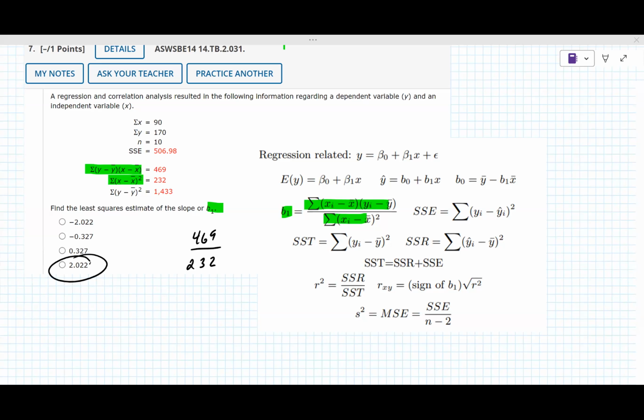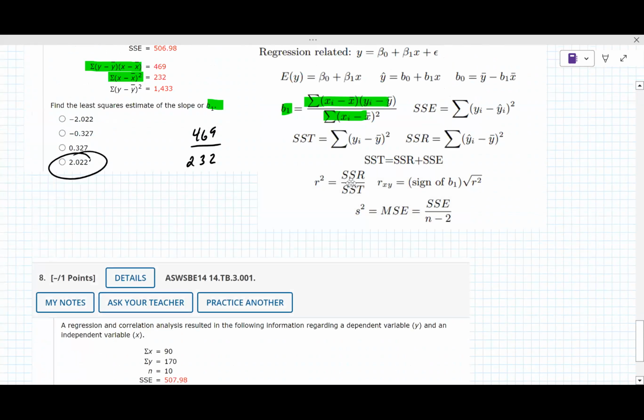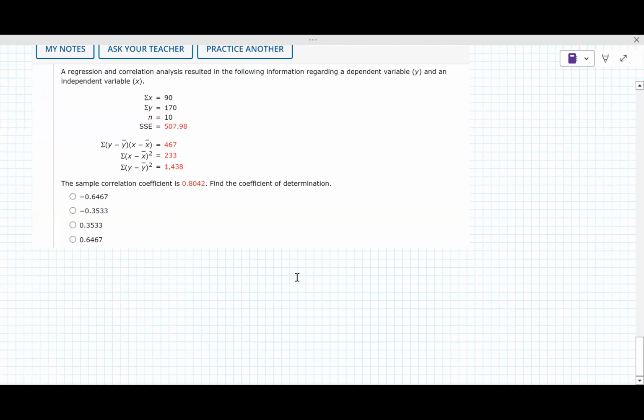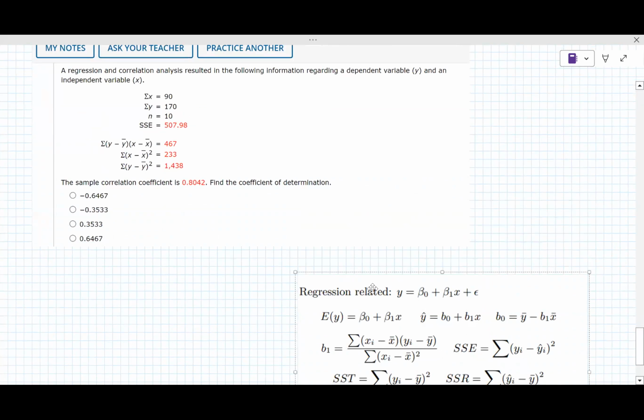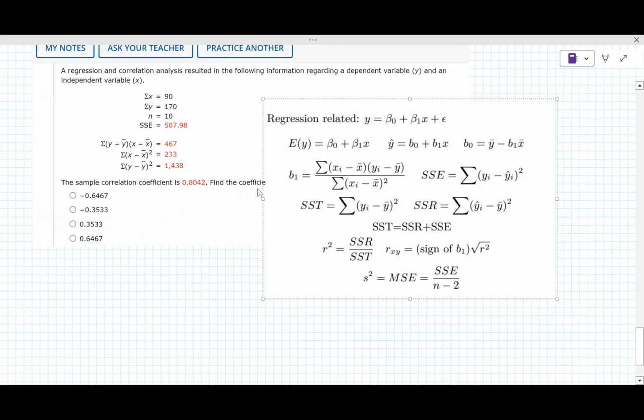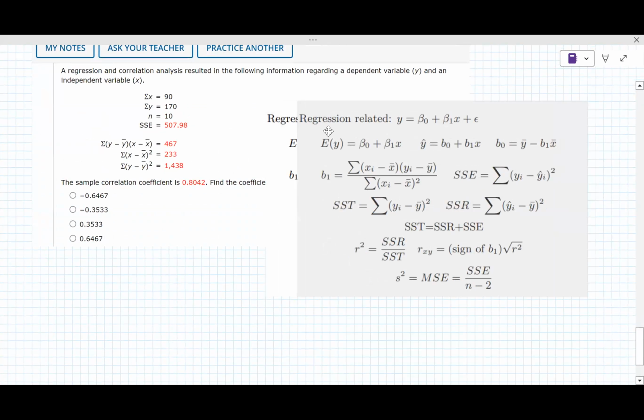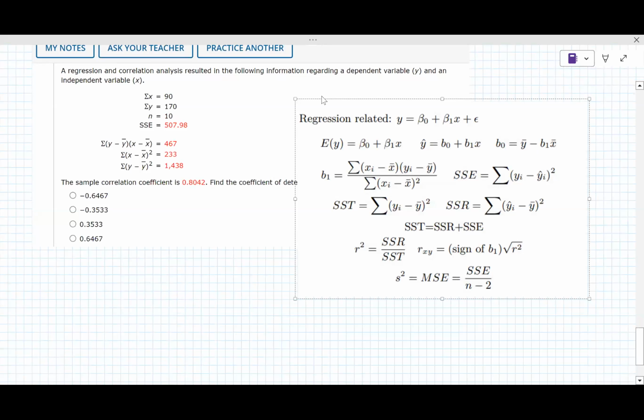Any follow-up to that? Because 8 is kind of similar. We're going to use the equation sheet again. This time we're looking for what's called the coefficient of determination.